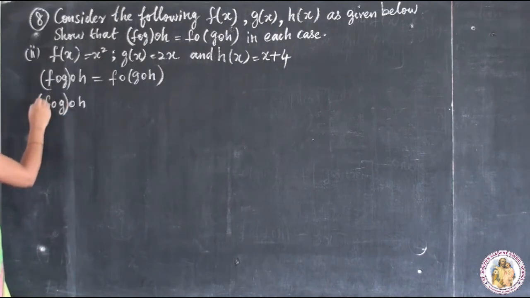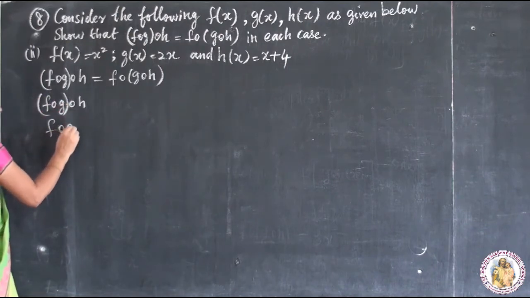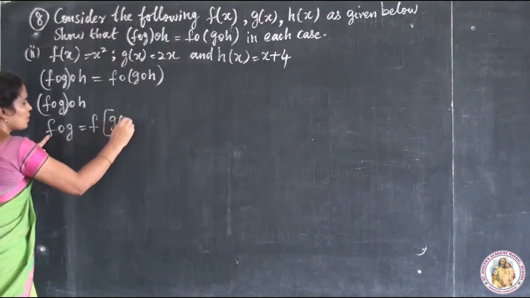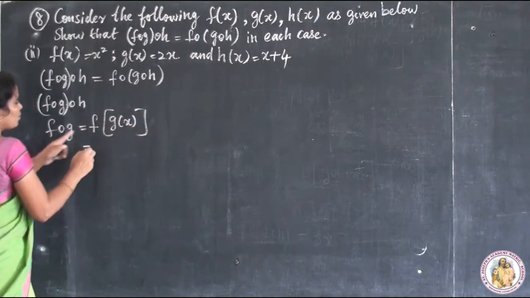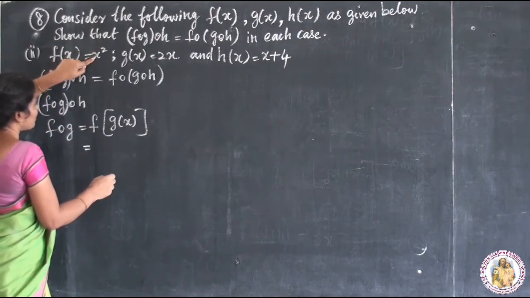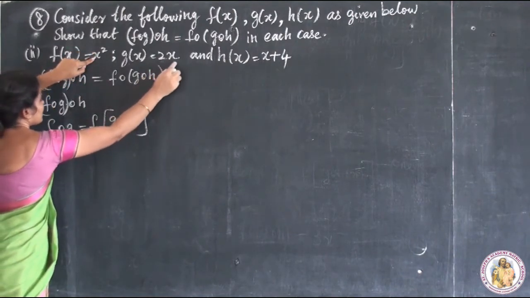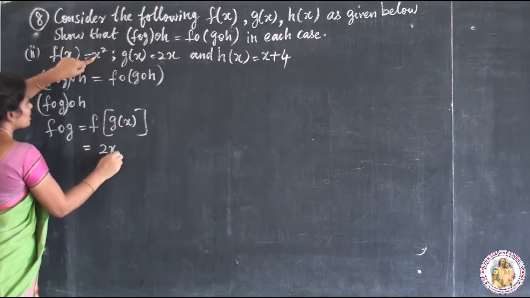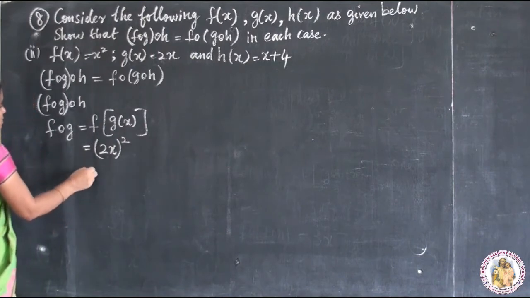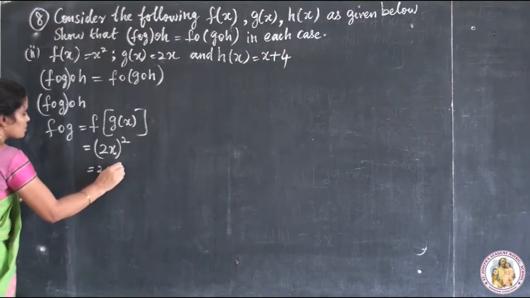Take bracket first, f of g. f of g is nothing but f within bracket g of x. What is f? f is x square. In the place of x, you have to write 2x, given as square. So 2x square.